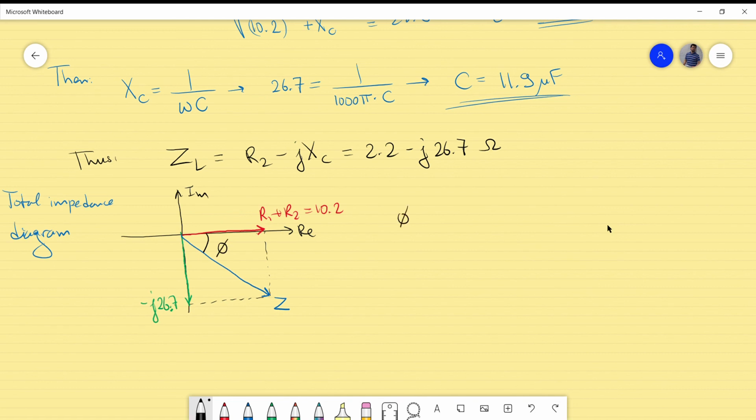So phi is equal to the arctangent of minus 26.7, which is just geometry here, divided by 10.2. If you calculate this out, you will get minus 69 degrees.